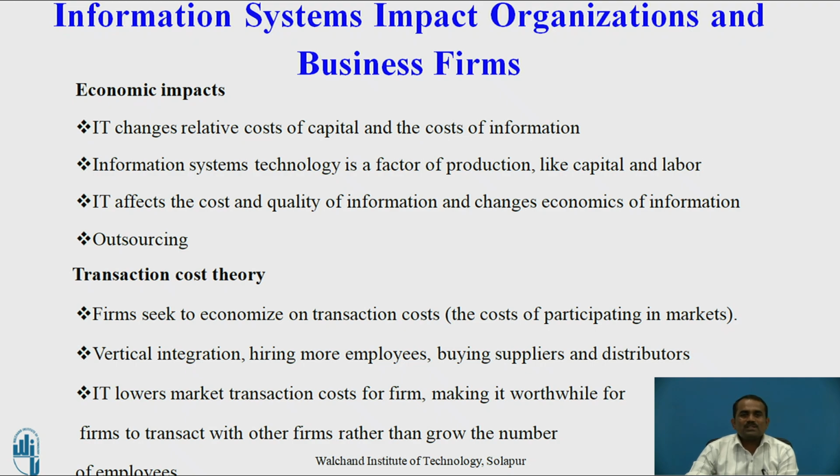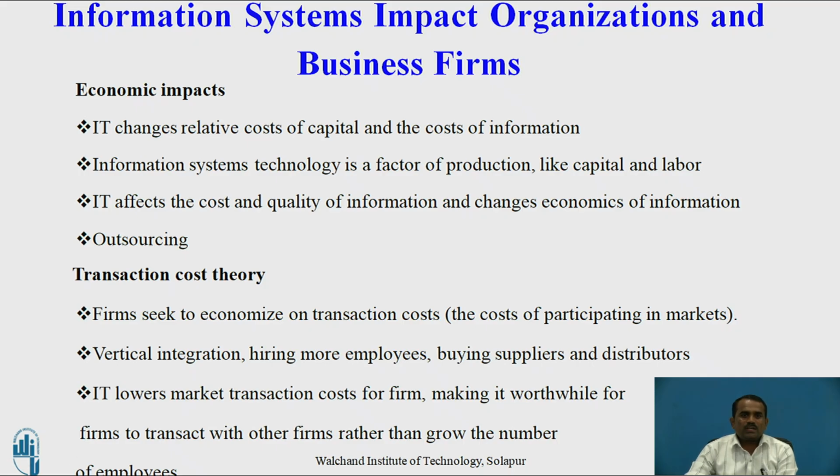Outsourcing means we have to consider how much part we outsource. So economic impact can indicate the financial background, or how much financial resource is required to start the business. Now transaction cost theory: a firm seeks to economize on transaction cost, the cost of participating in markets.